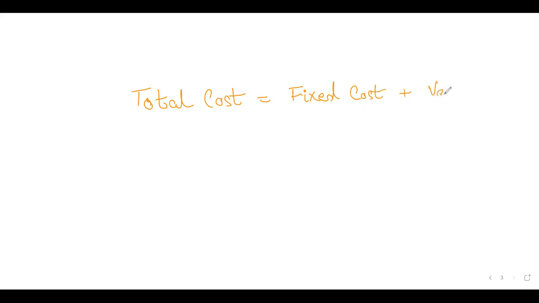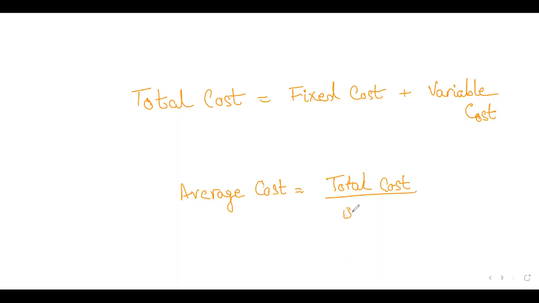And when your total cost decreases, then that cost would be divided over your output to get your average cost. Now, how do you calculate your average cost? The average cost of a business is equal to total cost divided by output. Easy.